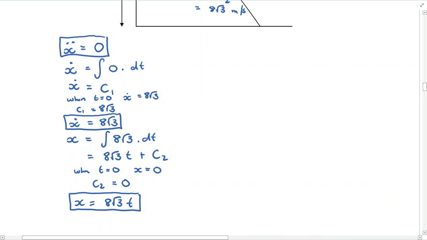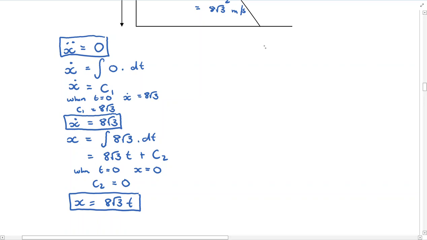But in this case, we're starting with the acceleration, and we have to integrate to come back to the displacement equation. So the x dash? I guess the x dash is the x dot that I've got there, because the derivative of the displacement is velocity. All right, so now we're going to go to the y direction.